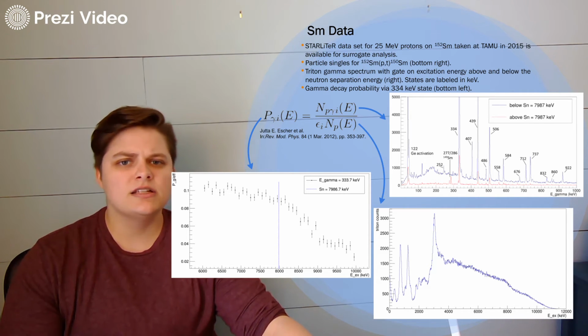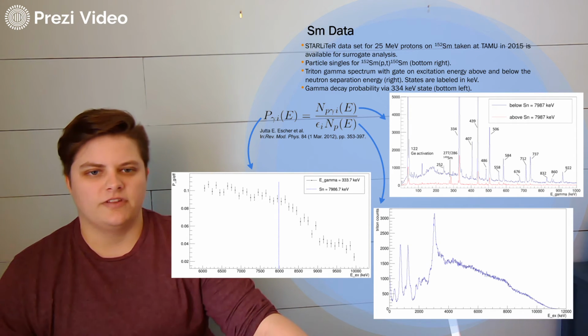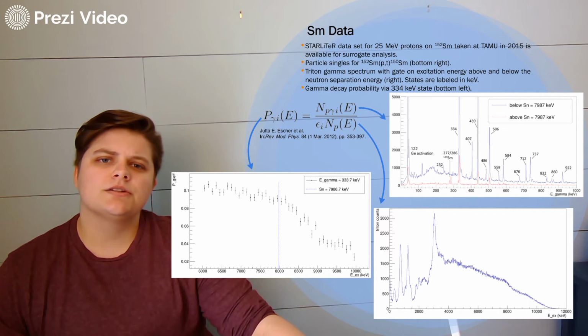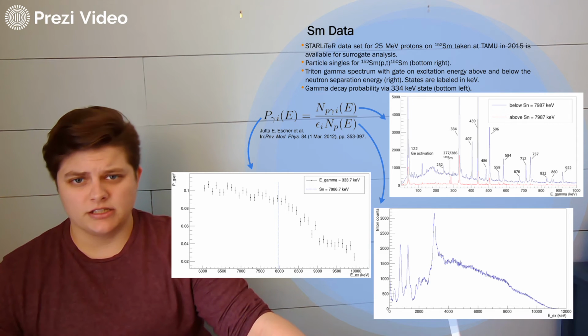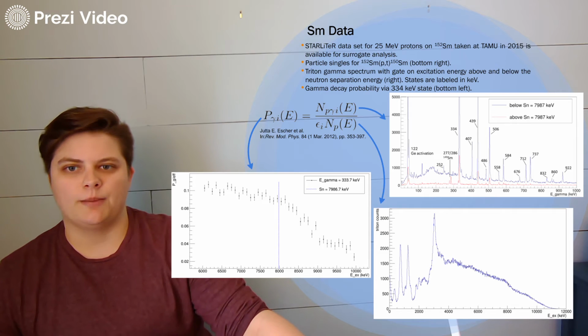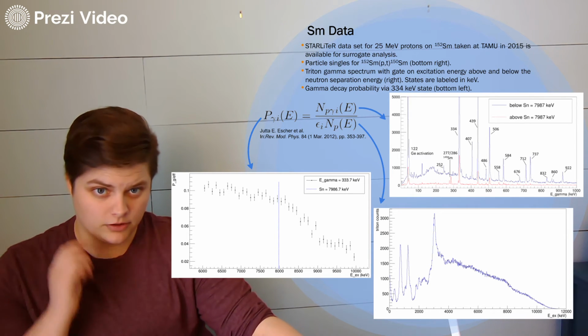We also have some efficiency of gamma detection as a function of gamma energy in the denominator as well. And so on the top right here, we have a gamma spectrum that's gated on the tritons. So this gives us the number of particle gamma coincidences for the numerator of our equation here.